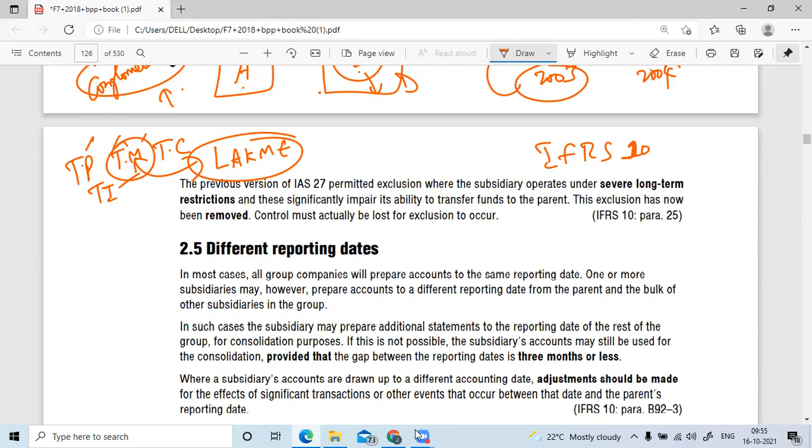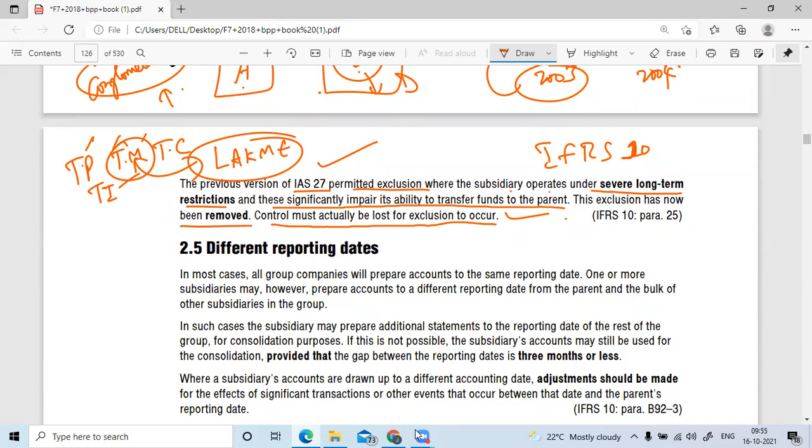The previous version of IAS 27 permitted exclusion where a subsidiary operates under severe long-term restrictions, and these significantly impair its ability to transfer funds to the parent. This exclusion has now been removed. Control must actually be lost for exclusion to occur. So that is the last point. IAS 27 permitted exclusion where a subsidiary operates under severe long-term restrictions.